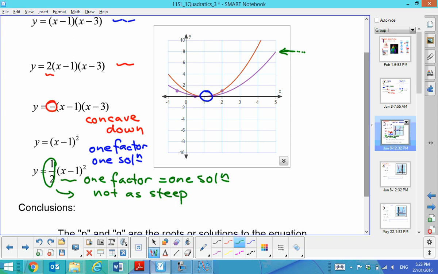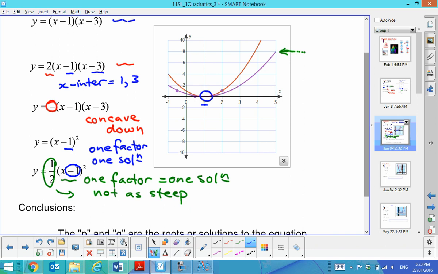So we can see the number of factors determine the number of x-intercepts, and we can also see, if we look at the actual value, we've got a -1 here. The x-intercept happened at +1 on the graph. Same story with this one. In these, our solutions or x-intercepts were at 1 and 3.